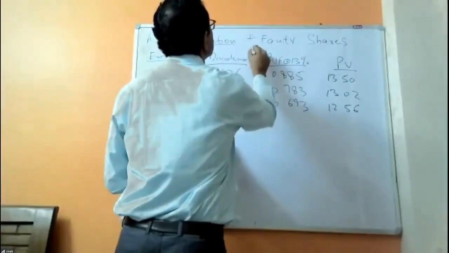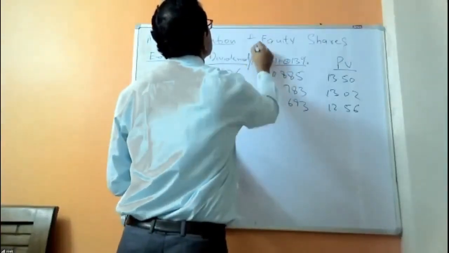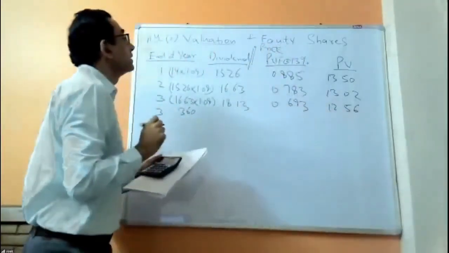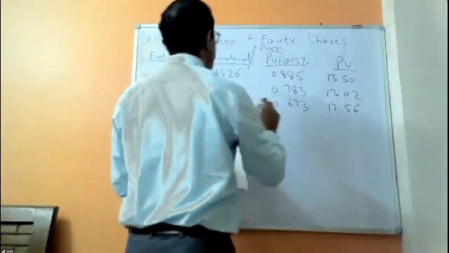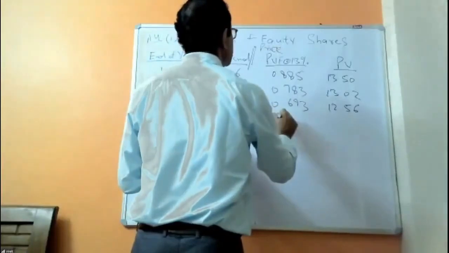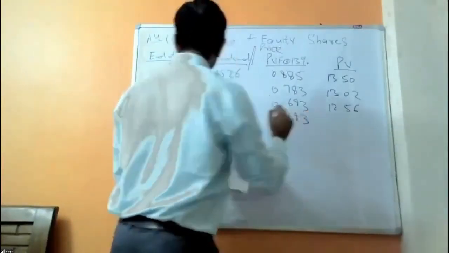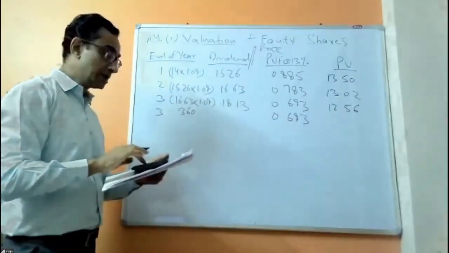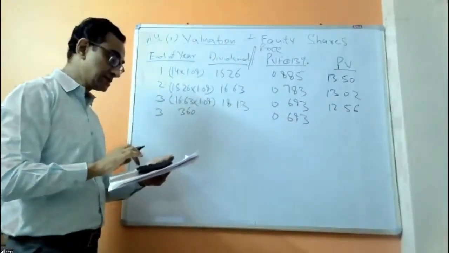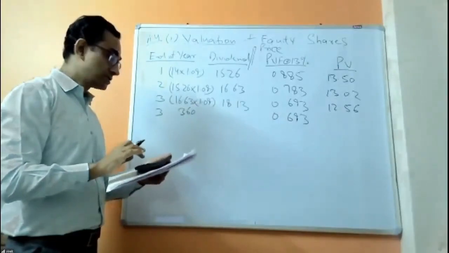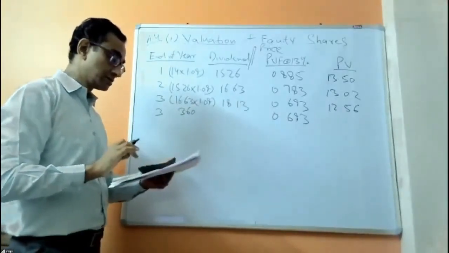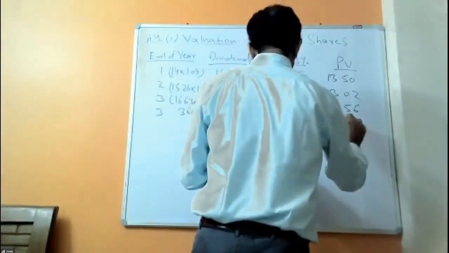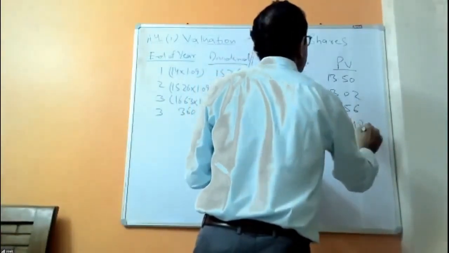So dividend plus price, you can write it down. And the present value factor at this third year will be applicable, 0.693. So let us find it. 360 multiplied by the present value factor of third year, that is 0.693, is coming to 249.48.